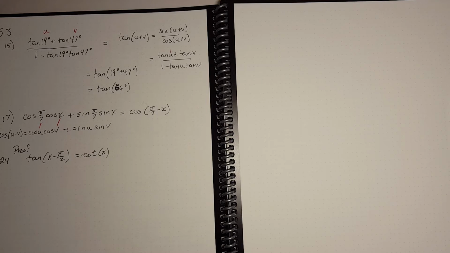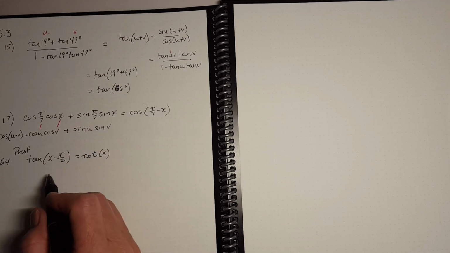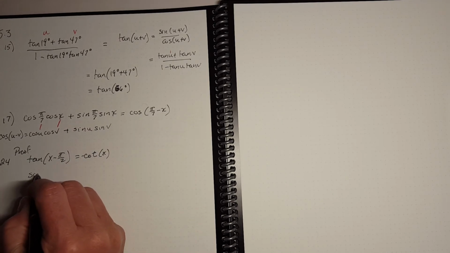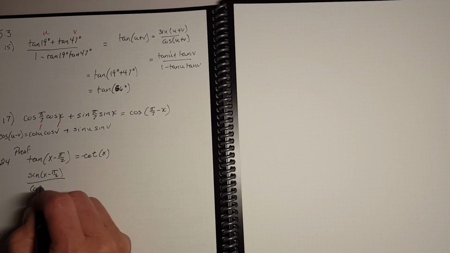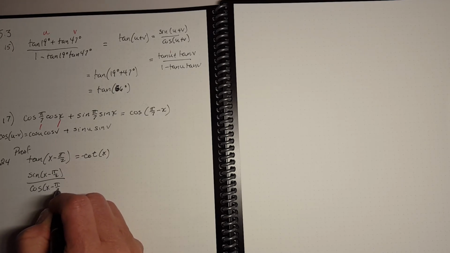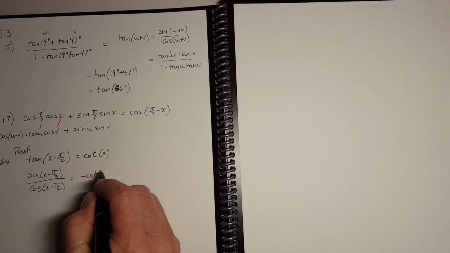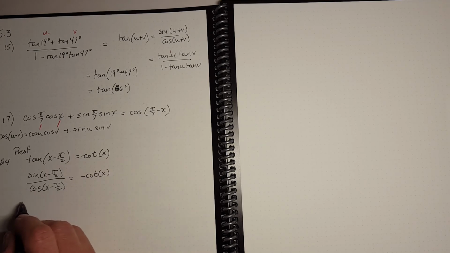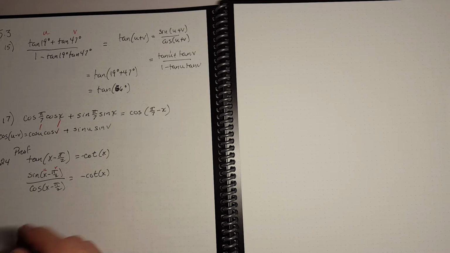To start this one, we're going to expand out our tan of x minus pi over 2. I'm going to do it with the sine over cosine. So that's the same as sine of x minus pi over 2 over cosine of x minus pi over 2. Then we'll expand those out. Sine of x minus pi over 2 is a sine of u minus v, where x is u and pi over 2 is v.